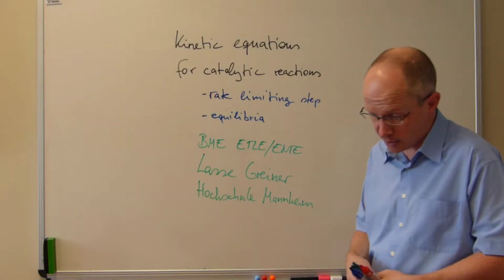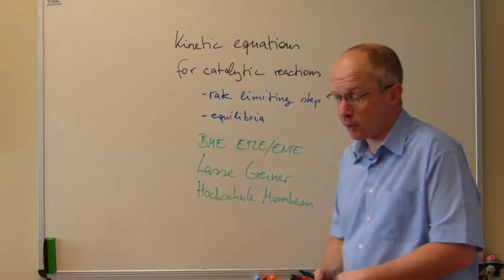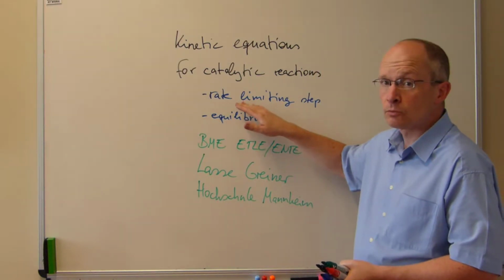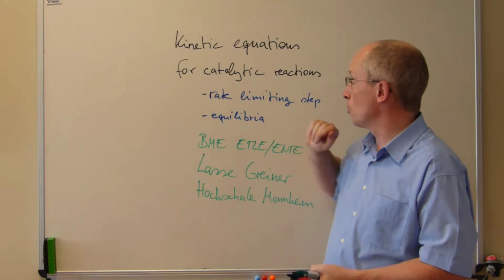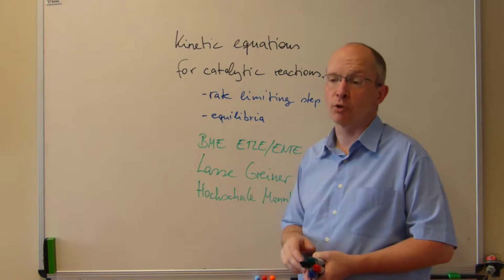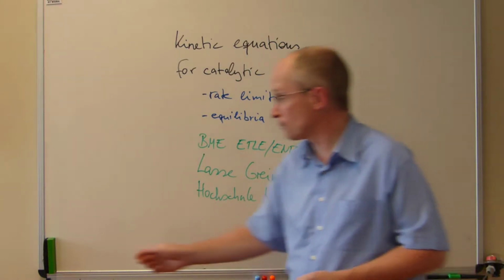Let's look at that, and we will take a very simple, fairly easy approach to that, using the rate-limiting step, to be more precise, and equilibrium, which is also sometimes called the rapid equilibrium approach.